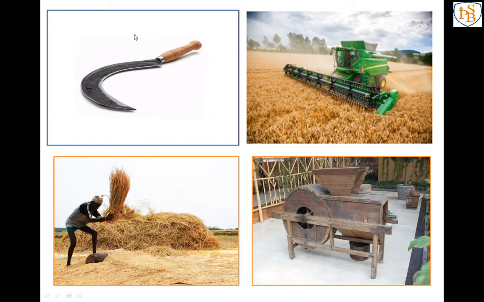So first is the cutting of the crops, which we can do with the harvester. The next step in harvesting is threshing, for which we can use the thresher. The next point is winnowing.